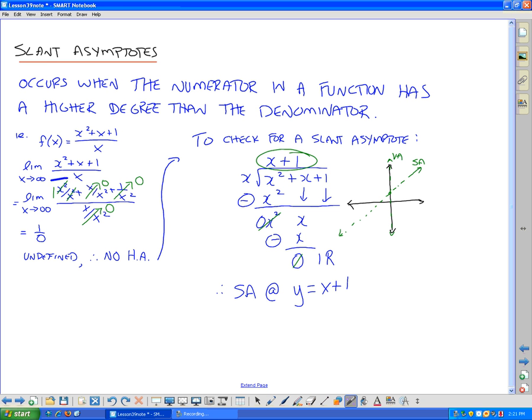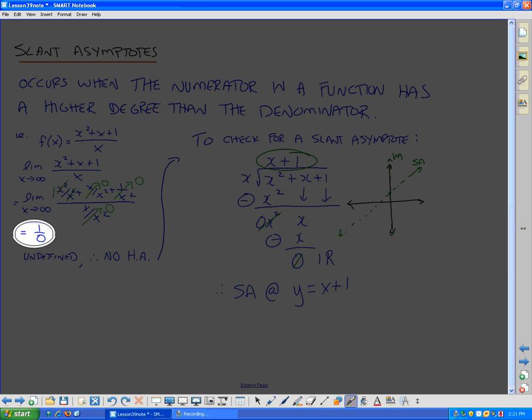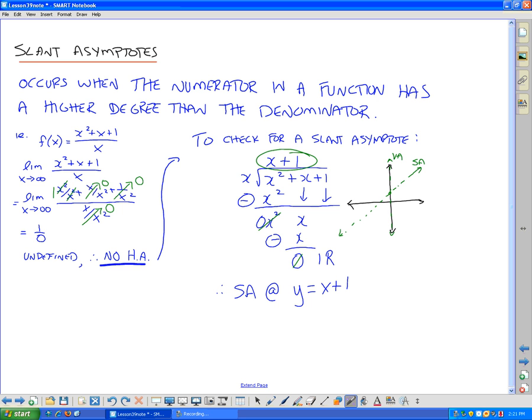Right here, you can see where I did the horizontal asymptote test. What you'll find is that your answer is undefined, 1 divided by 0. So that tells you there's no horizontal asymptote, which means there will be a slant asymptote.